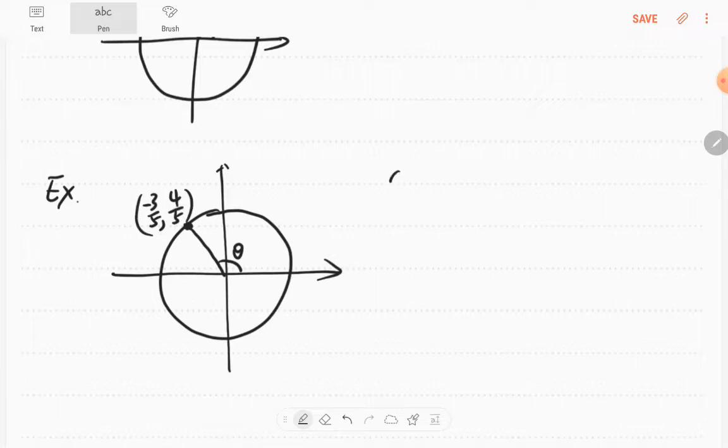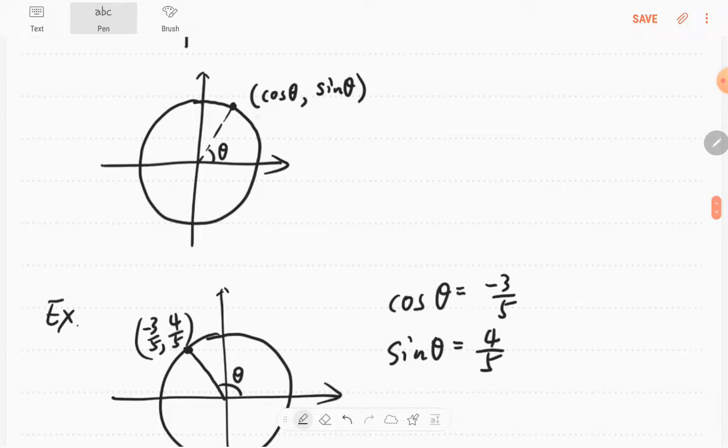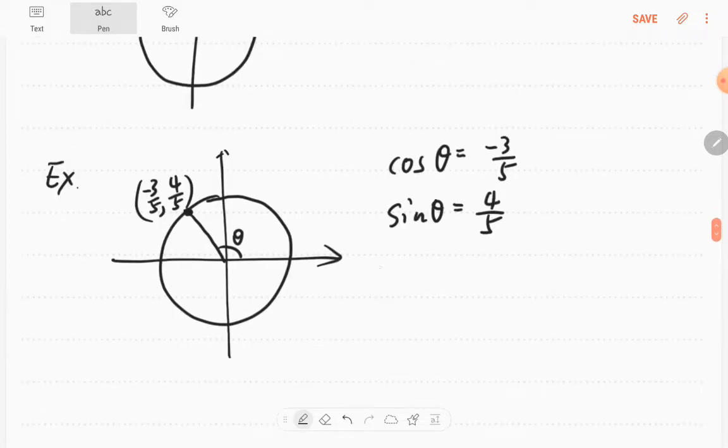We can get that cosine theta is equal to -3/5, sine theta equals 4/5, the reason is this one. And then tangent theta equals sine theta over cosine theta, which is equal to -4/3.